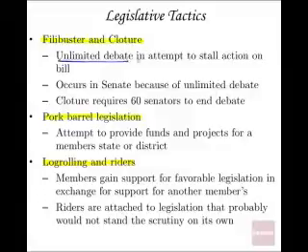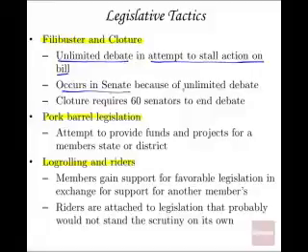Because there's unlimited debate, they can attempt to stall action on a bill. This could be to stop passage of an unpopular law, or to prevent a judicial nomination from getting his or her post, right? And again, it occurs in the Senate because of unlimited debate.